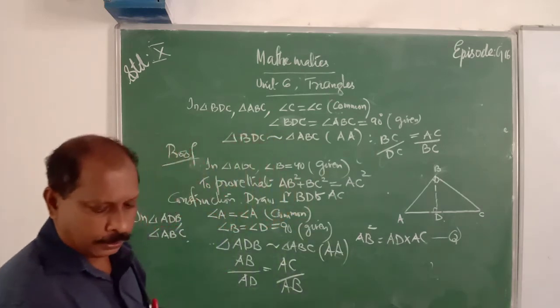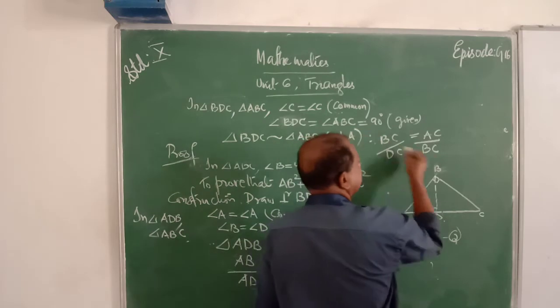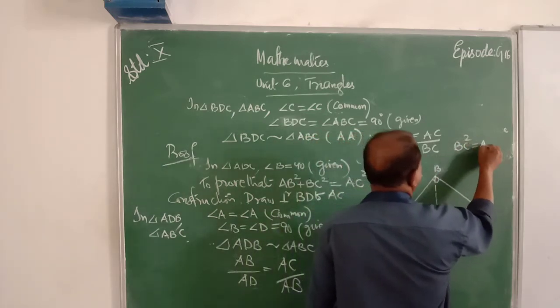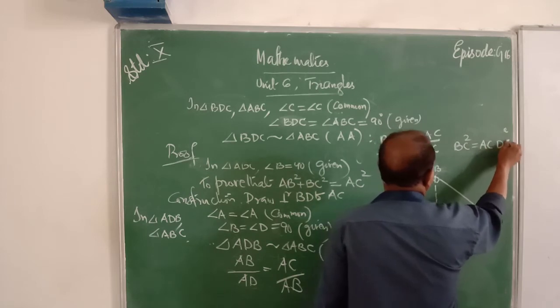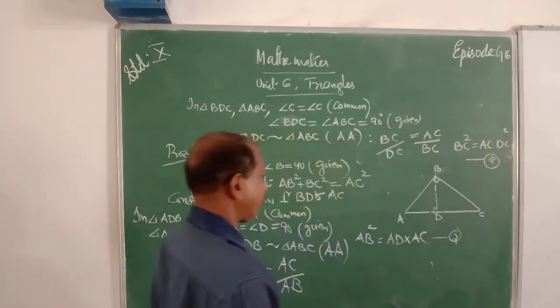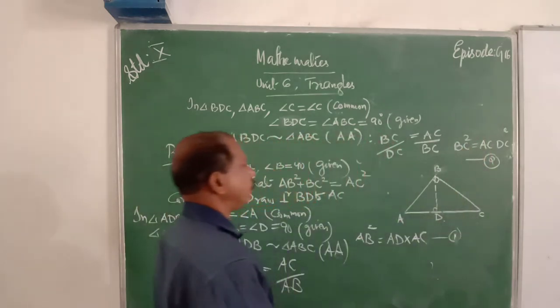That is proportionality of similar triangles. Cross multiplication gives BC square is equal to AC into DC. That is equation number 2. This one is equation number 1, and this one is equation number 2.